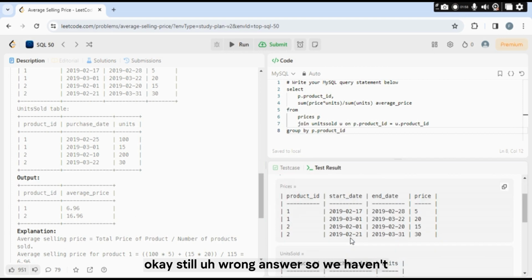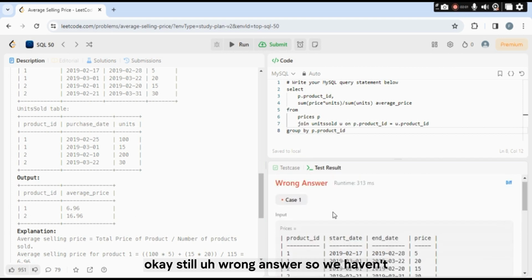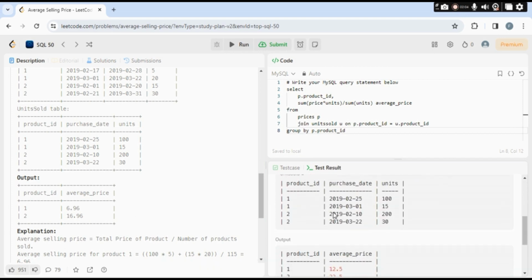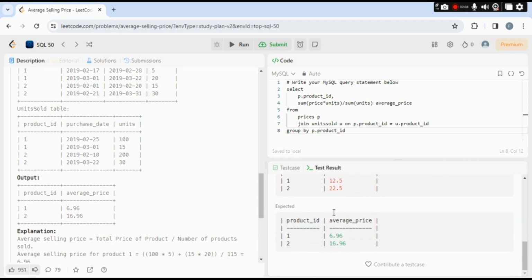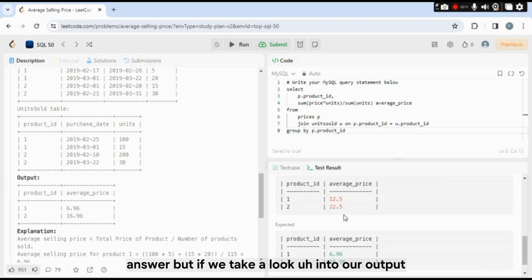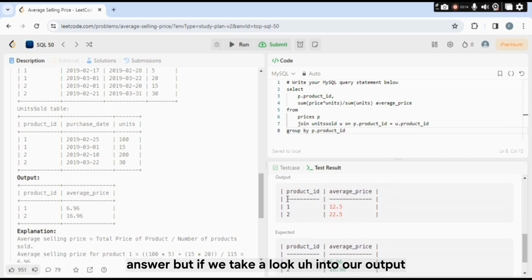Okay, still wrong answer, so we haven't got the perfect answer. But if we take a look into our output, there is still a difference between our output and the expected output.